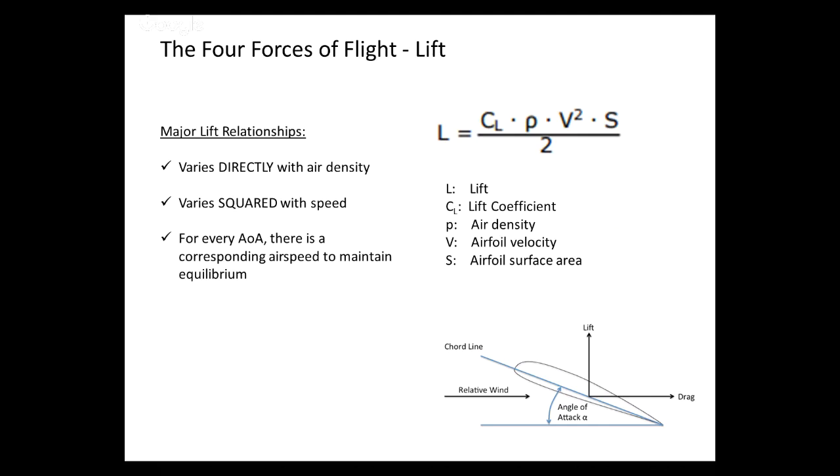And so that's important because as we've already talked about in some of the other sessions, lift and density are directly related, meaning the denser the air, the more lift the wing will generate for a given speed. If the air is not dense, if it's thin, the airfoil will not generate as much lift. So if you're flying in the mountains where the air is not as dense, your airfoil will not generate as much lift.